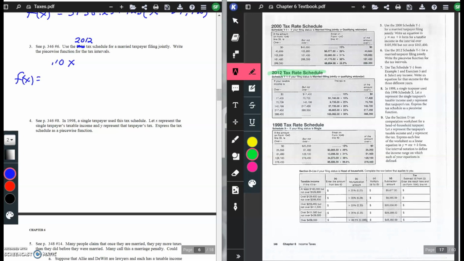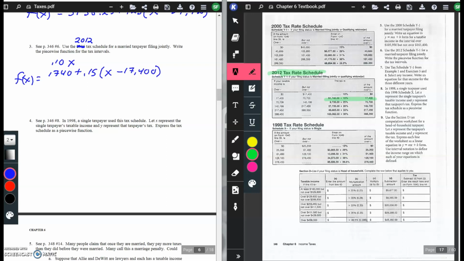Number 2, your minimum tax for the second part is $1,740, plus 0.15 times X minus 17,400. The amount over, which we don't know, minus 17,400.